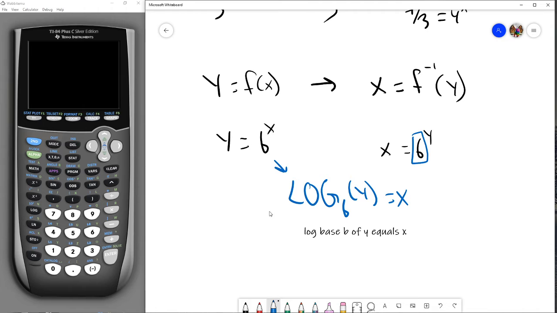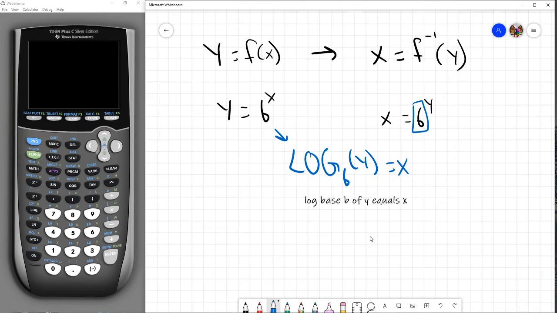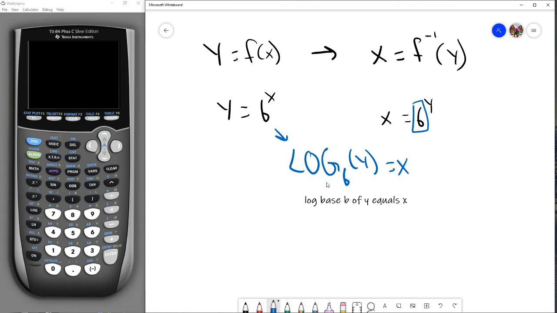We need to be precise with our language so that when we communicate about math with others, we can have an effective dialogue. So this here in blue means log base b of y equals x. And this is how we're going to find the inverse function of the exponentials.